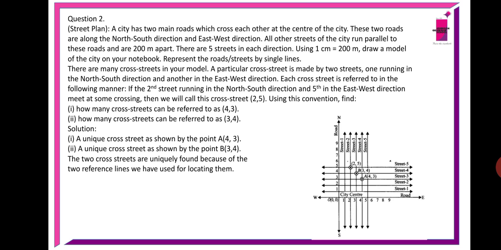So the unique cross street is shown by the point A (4, 3). Same way, the unique cross street is shown by the point B (3, 4). The two cross streets are uniquely found because of the two reference lines we have used for locating them. We have two different lines, and we have taken east-west and north-south directions.